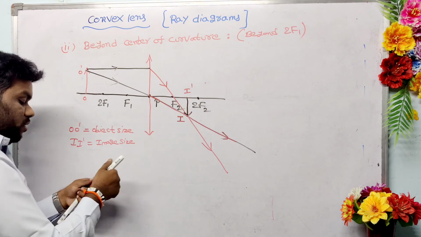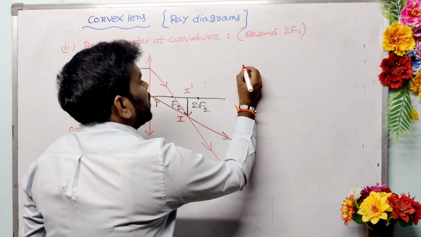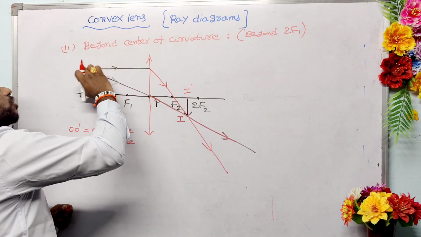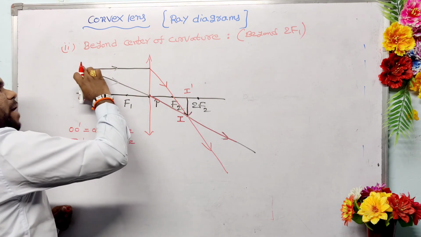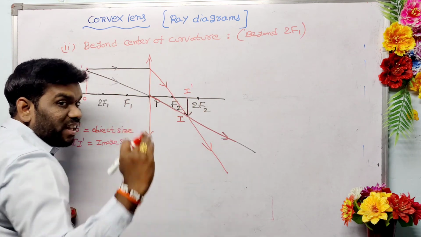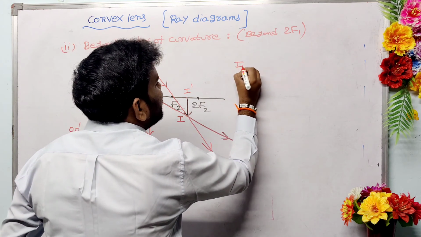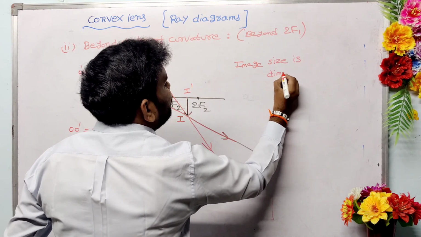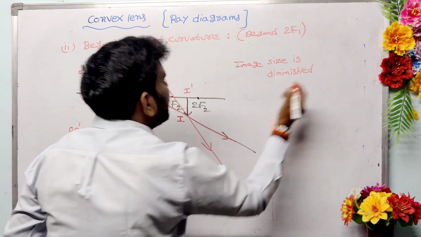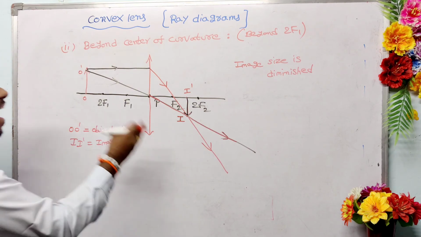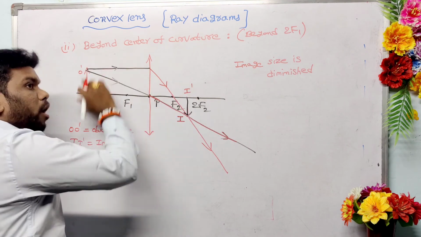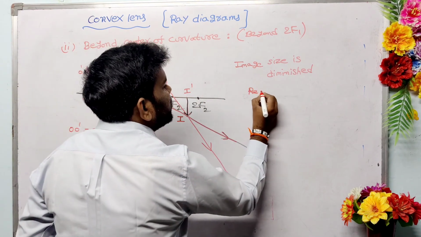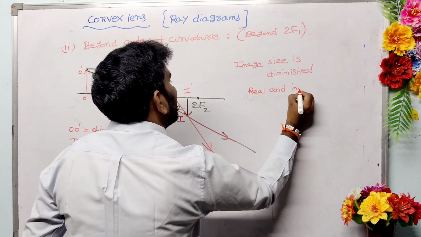Between F2 and 2F2. Earlier a point size came. Now compared to the object size, the image size is very small. So the image size is diminished. Diminished means small size, and compared to the object, the image is diminished. And తెలిగేసే వచ్చింది కాబట్టి it is real and inverted.